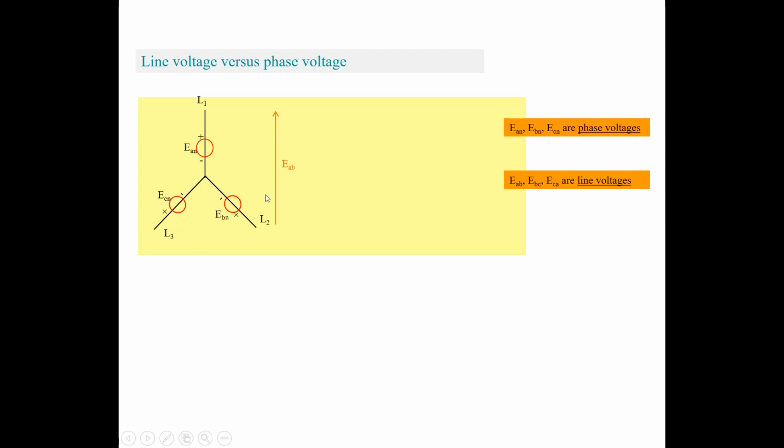And we have defined a line voltage, and EAB is a line voltage because it's the difference between the phase voltage EAN and EBN.